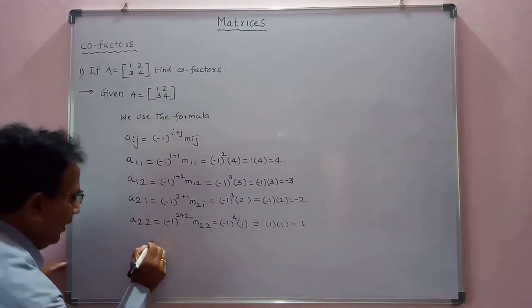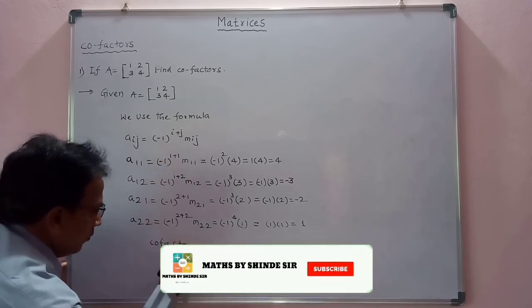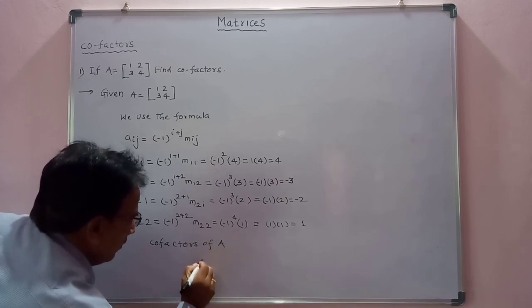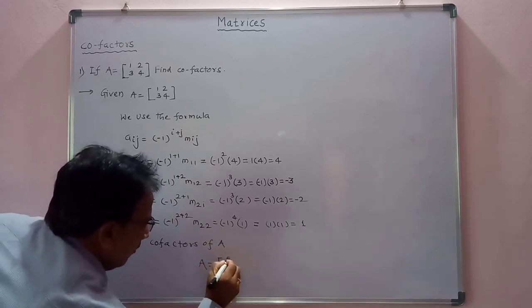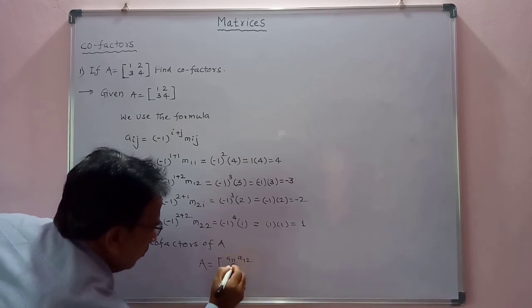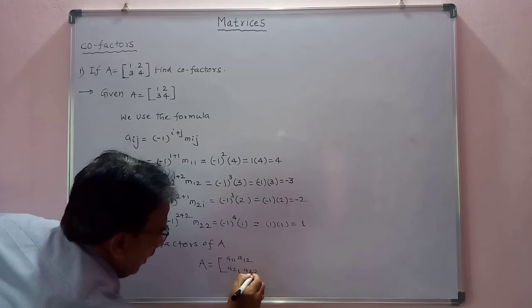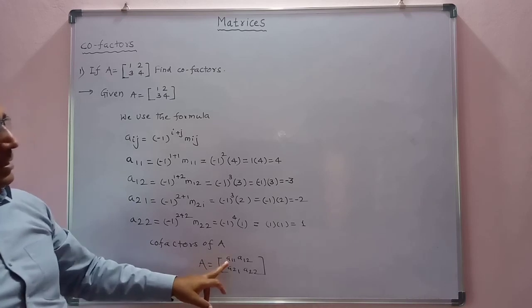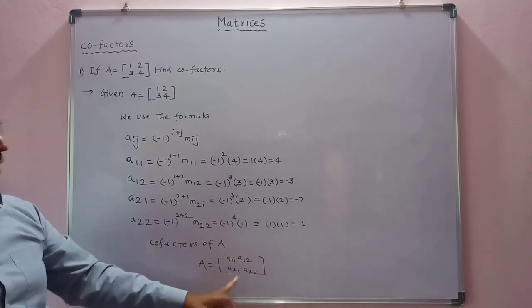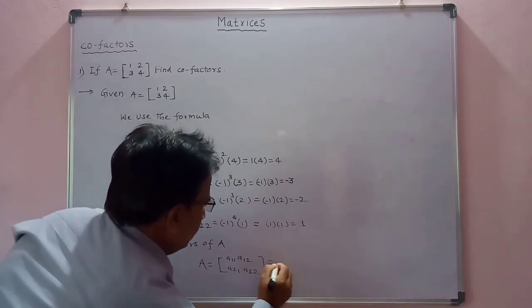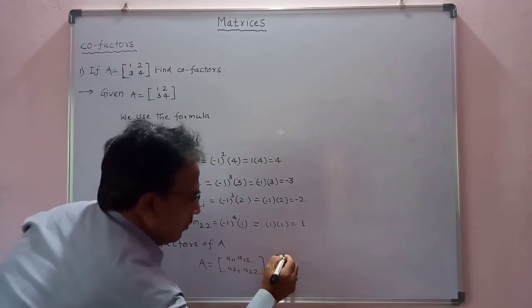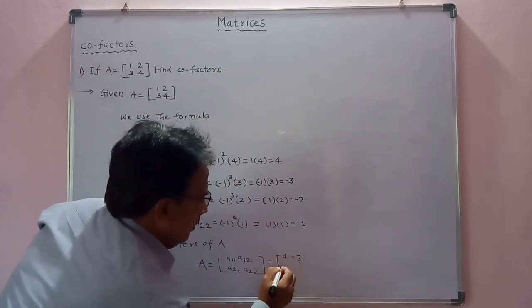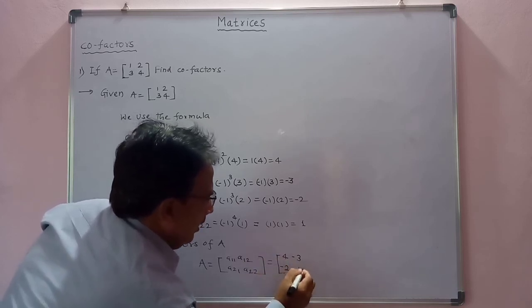Therefore, the cofactors of matrix A, a11, a12, a21, a22, are: a11 is 4, a12 is minus 3, a21 is minus 2, and a22 is 1.